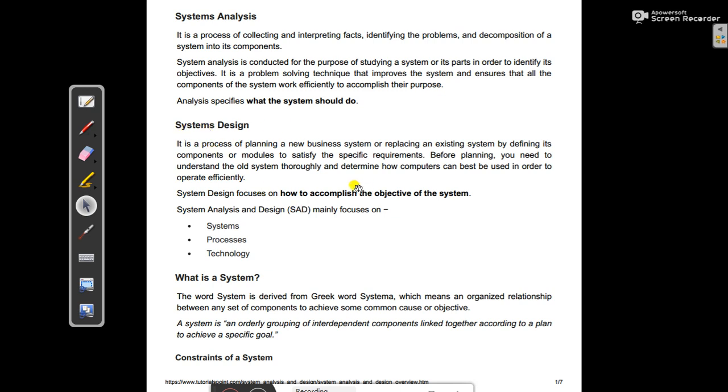This type of planning or thinking or design can be termed as system design. It means how to accomplish the objective of the system.